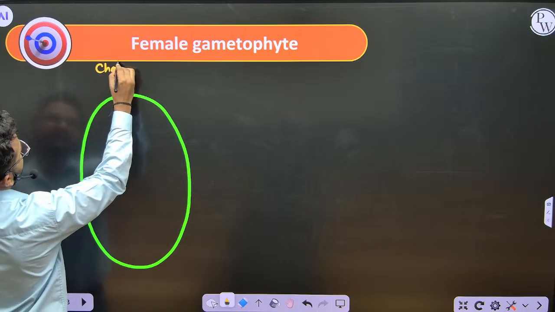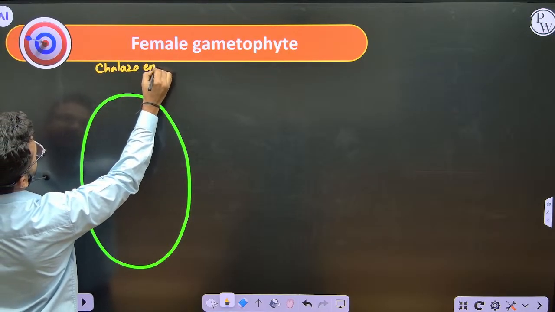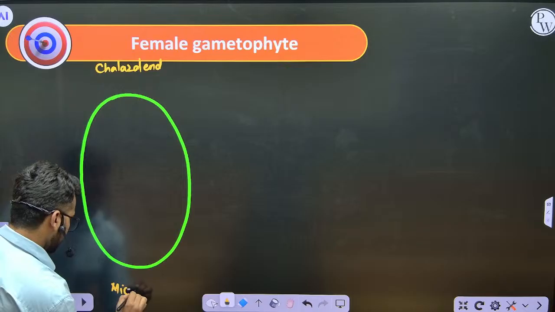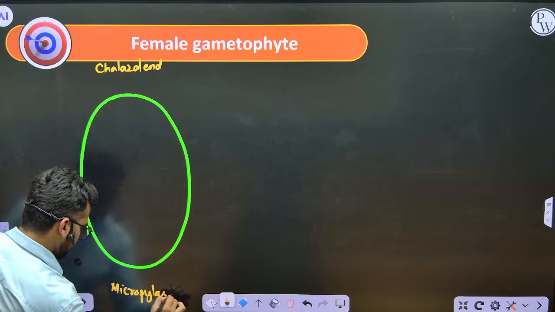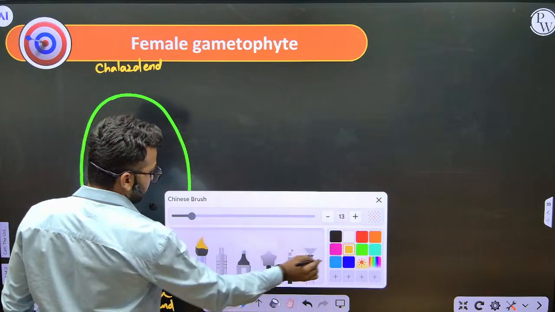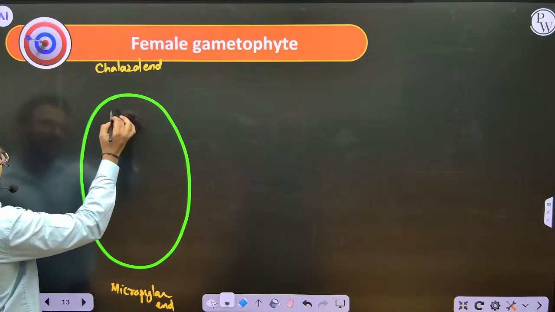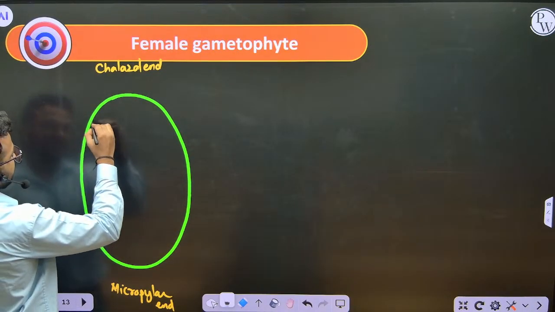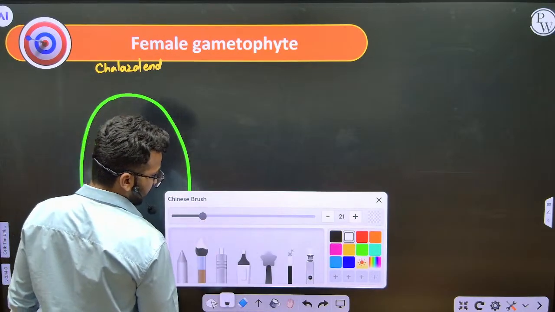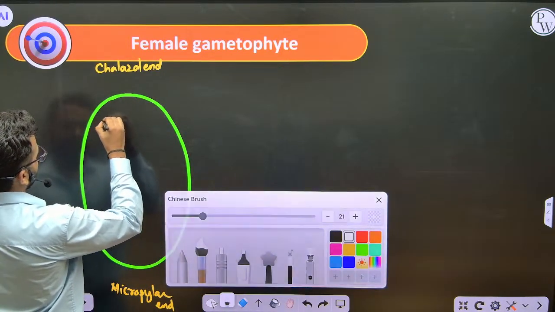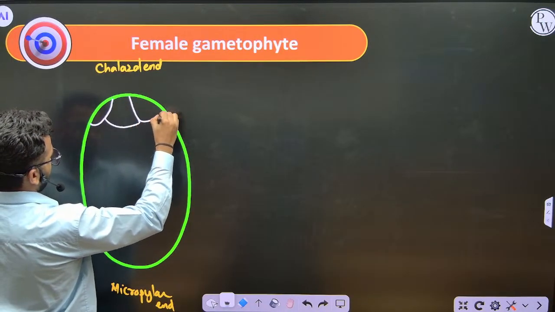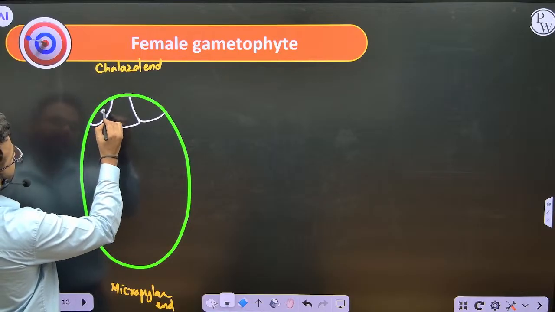This is the chalazal end, and this is the micropylar end. The chalazal end has 3 cells.